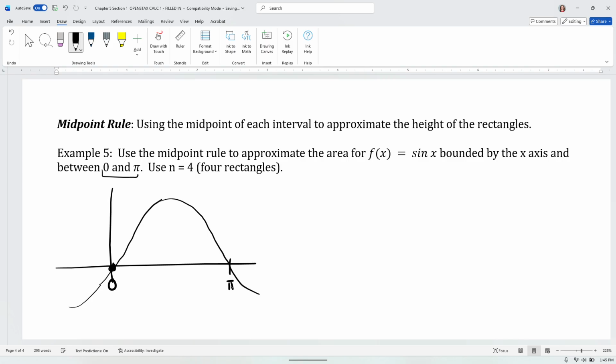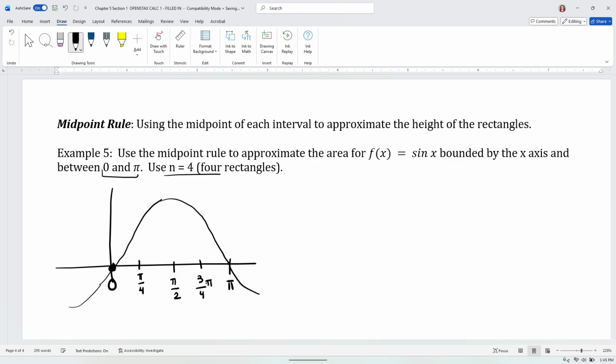Now, I'm doing midpoint, and I want 4 rectangles. So it'll look something like that. Okay. So this is pi over 4. This is pi over 2. This is 3 pi over 4.